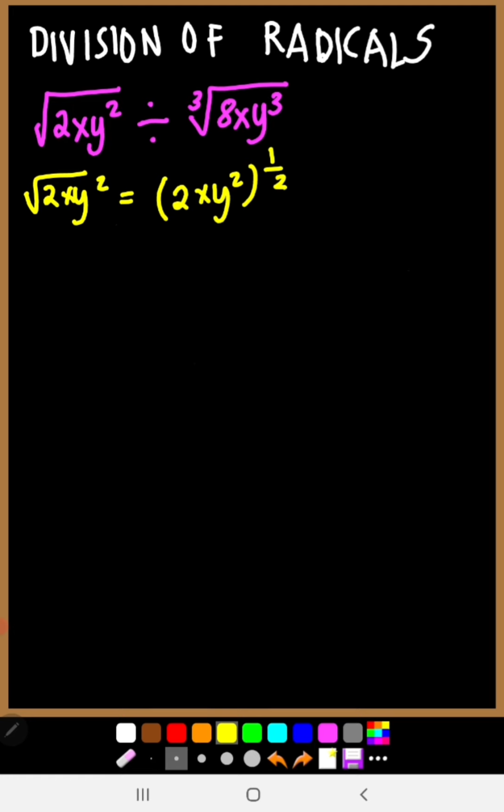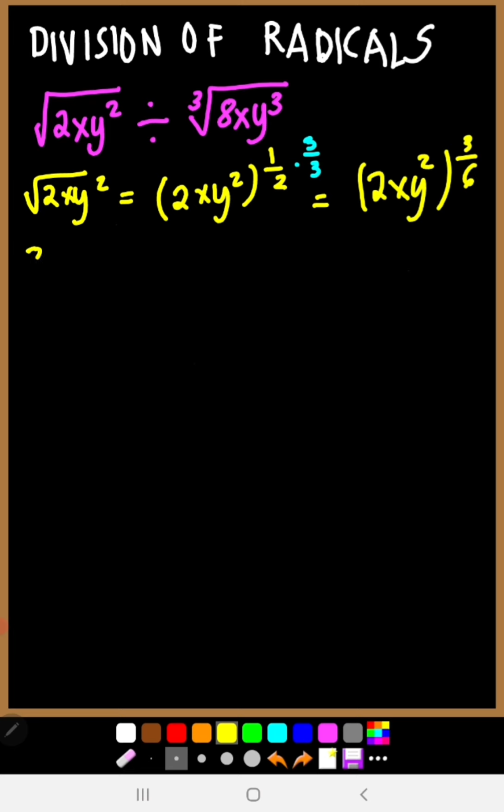Okay? So, alam naman natin kanina na yung 3 and 2, ang greatest common factor nila is 6. So, kailangan maging 6 yan. So, i-multiply natin yung 1/2 sa 3 over 3. Okay? So, this will become (2xy squared) raised to 3 over 6. Okay?